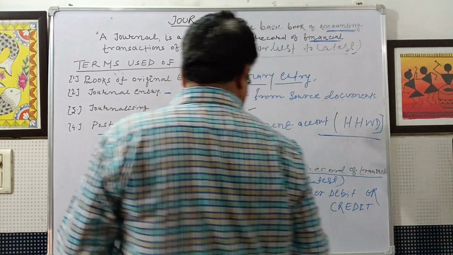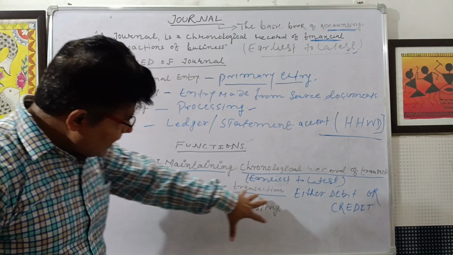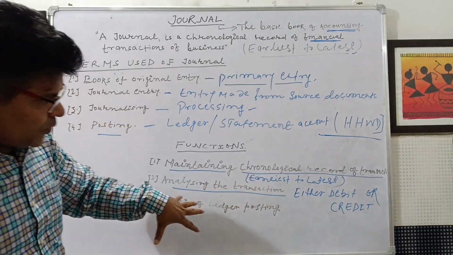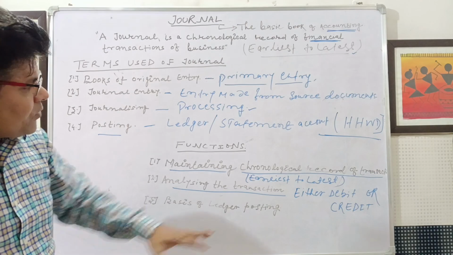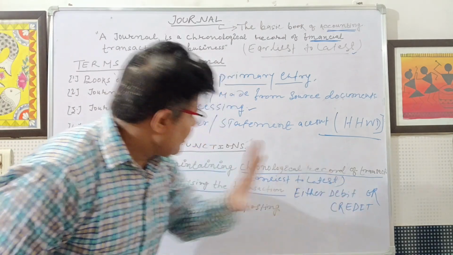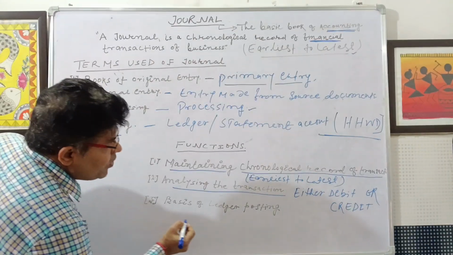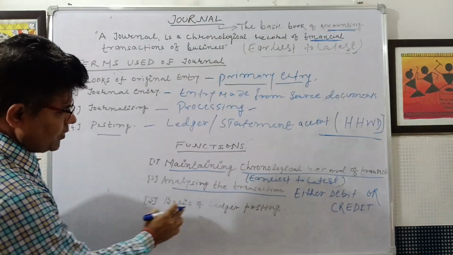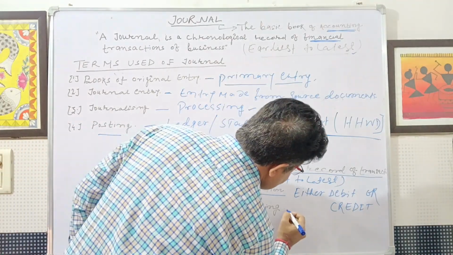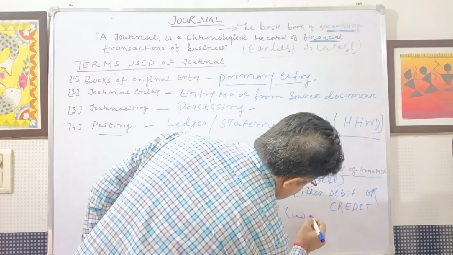So this is analyzing, evaluating the transaction: where to put the cash account and where the capital account, either debit or credit. And the third is the basis of ledger posting, that is the posting to the ledger account.